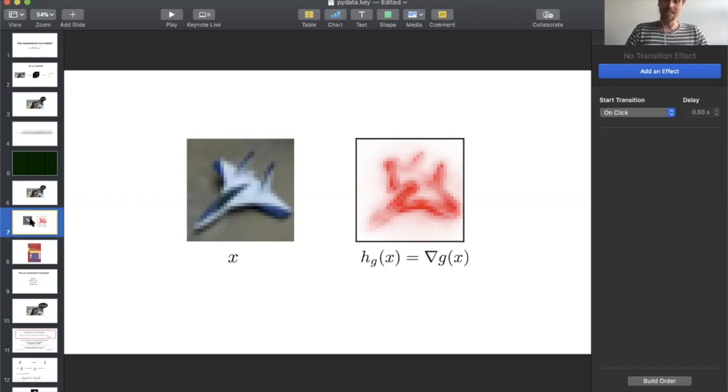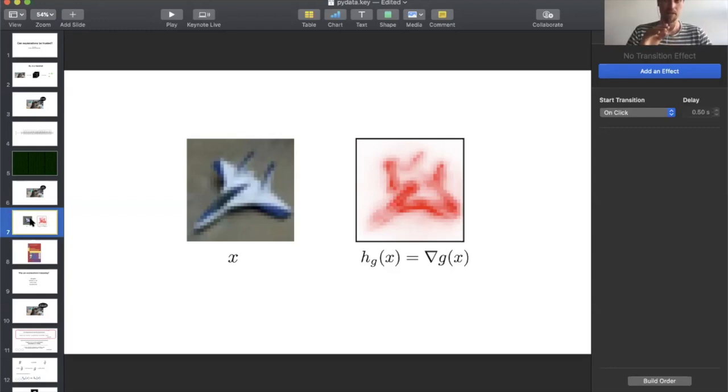And the basic idea here is, you take the classifier, and we're just gonna call it G for now, for concreteness. And then you calculate the probability that this is a plane. And then you differentiate this probability with respect to the input. This you can just do with normal deep learning libraries and autograd. You just differentiate with backprop with respect to the inputs.